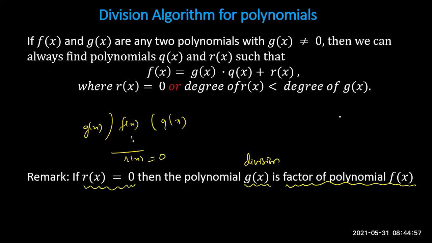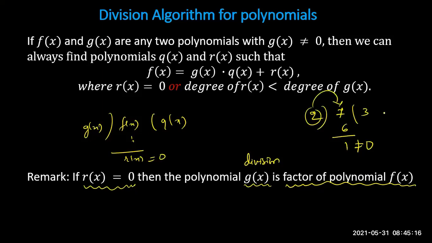For example, I'll divide 7 by 2, then 2 threes are 6, and 1 I'll get. This is not equal to 0. If you get a nonzero remainder, then 2 is not a factor of 7.